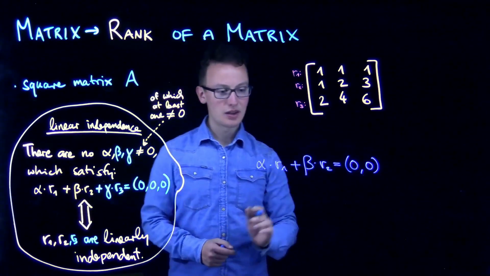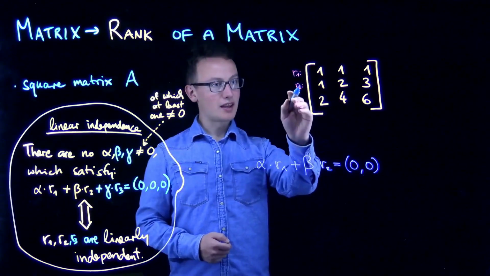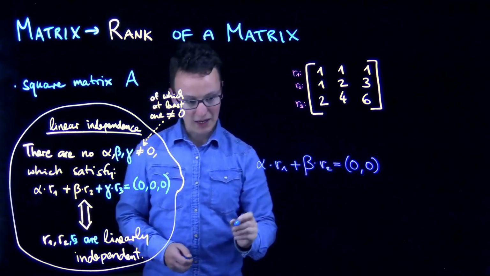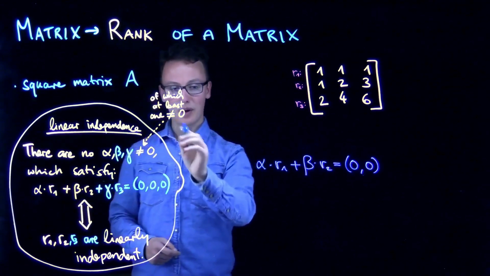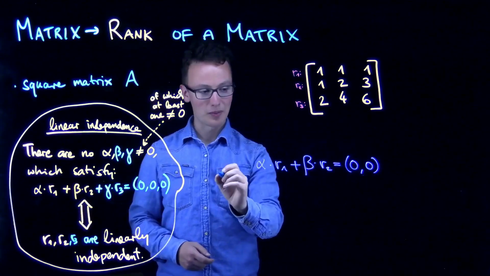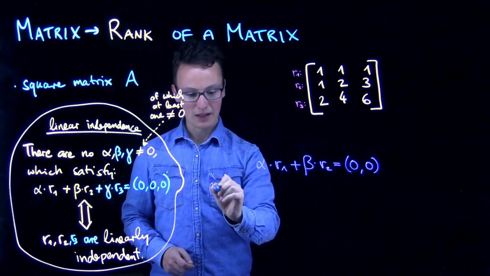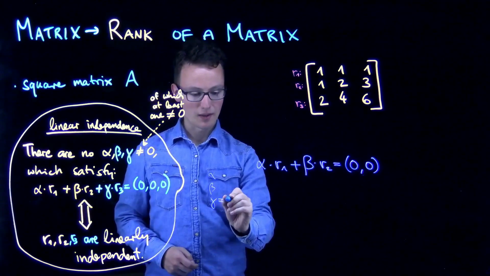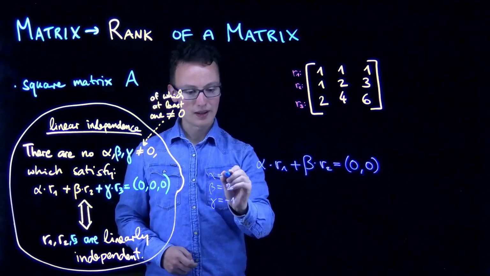But as we go and include the third row, namely this one here, 2, 4, 6, then we suddenly can find a combination of alpha, beta, and gamma, where at least one is not 0, namely the combination alpha, beta, and gamma, where gamma is -1, beta is 2, and alpha is 0.